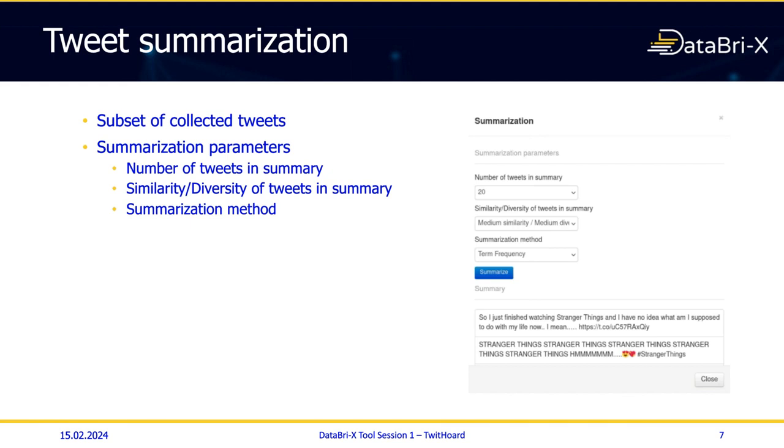It is up to the Twit Hoard user to define how many tweets the summary has to have, whether the tweets in the summary need to be towards the similar side or towards the diverse side, and the method, which takes into account the terms appearing in the tweet texts. The methods can be term frequency or term frequency inverse document frequency.